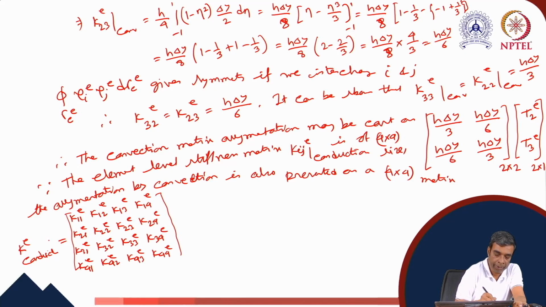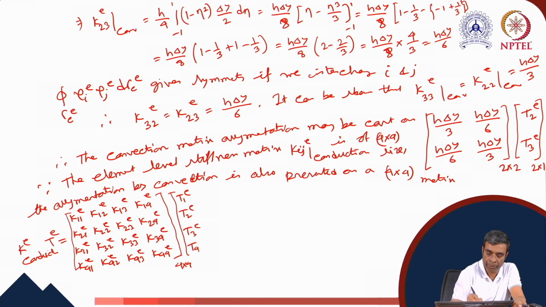So, Ke conduction into Te can be written as T1E, T2E, T3E, T4E.